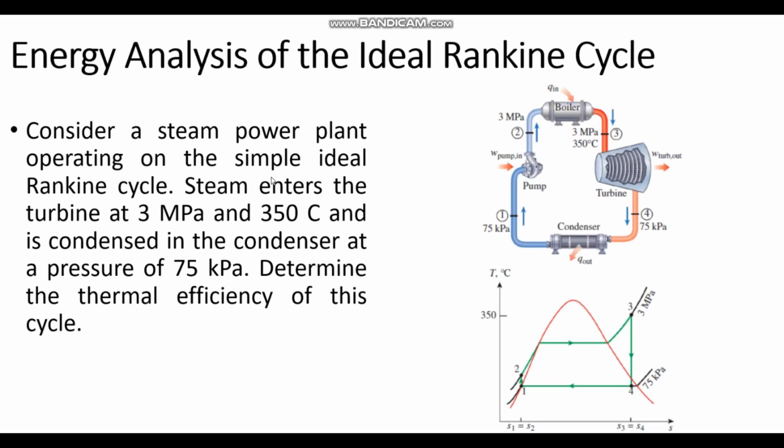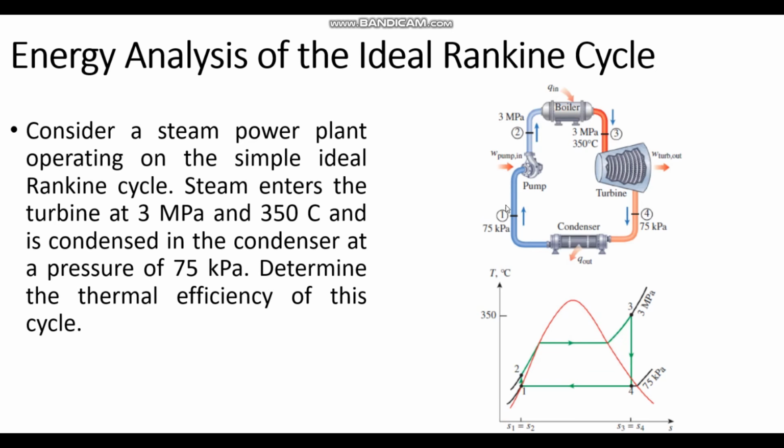How can we calculate the ideal Rankine cycle? Here we can see the work of the ideal Rankine cycle. The pressure after the pump is equal to 3 megapascals, and the temperature after the boiler is equal to 350 centigrades.